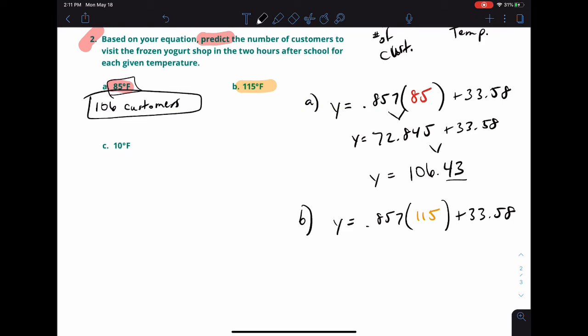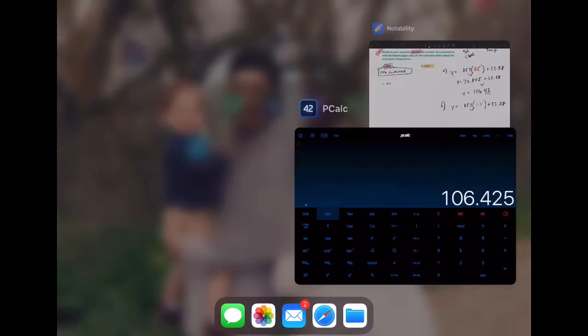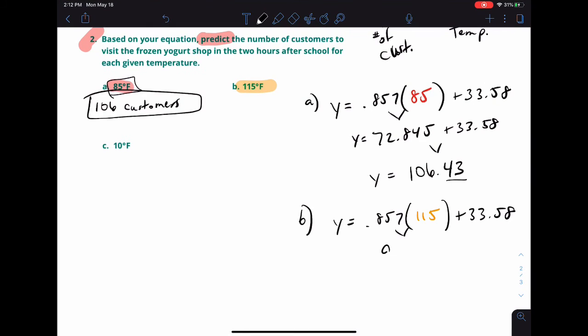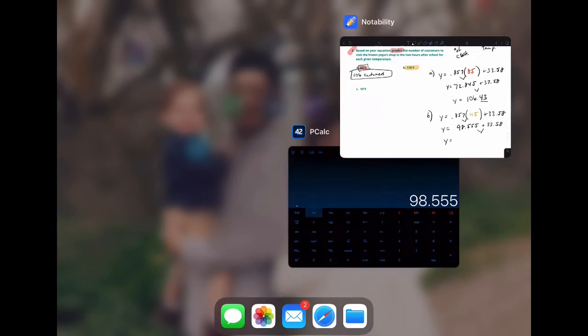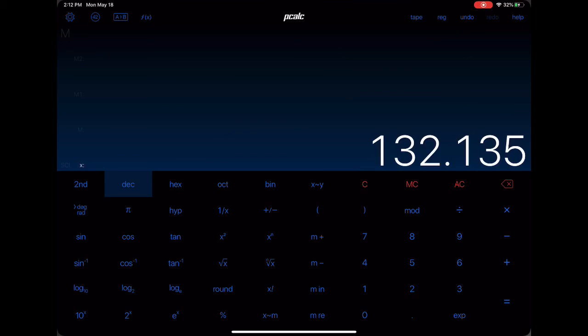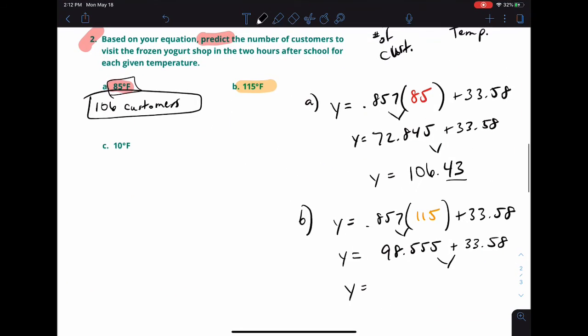I'm going to do the same math I did before, except now I'm going to multiply times 115. That's 98.555, plus 33.58, is 132.14.